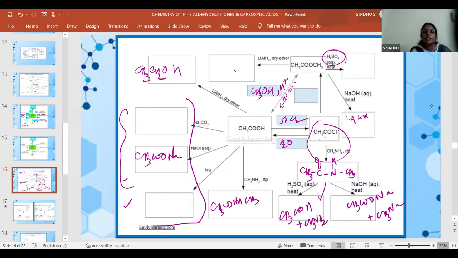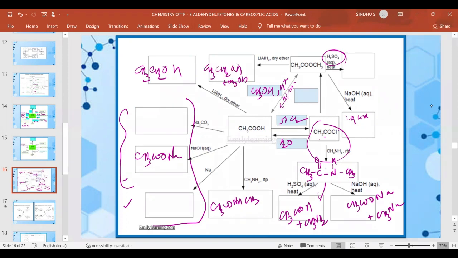And here, reduction of ester, again, we get the corresponding alcohols. COOH will reduce to CH2OH and we'll also get CH3OH. Ester reduction with lithium aluminum hydride, a strong reducing agent.